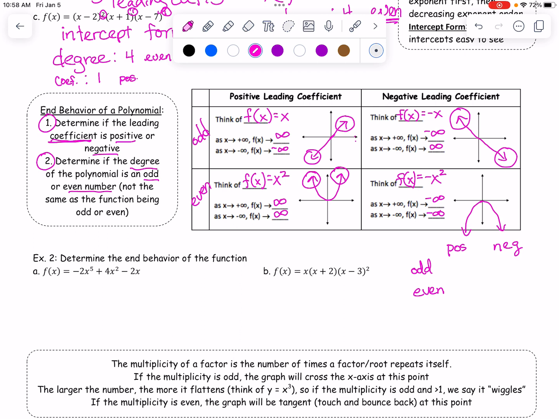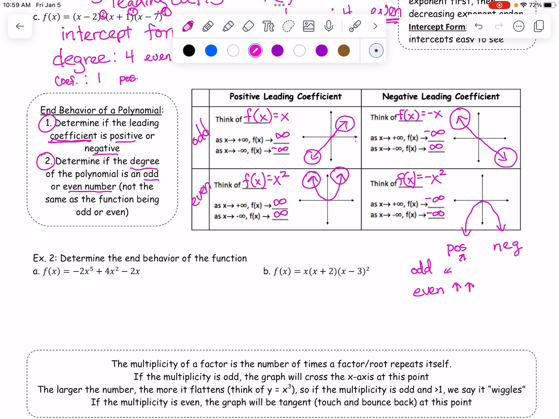If you have an odd positive, then my ends are going to face in opposite directions. So it's going to look like this. The ends are going to look like that. It doesn't matter what goes on in between the two ends, your ends are going to be facing in opposite directions. If it's an even positive, they're going to both be facing up.